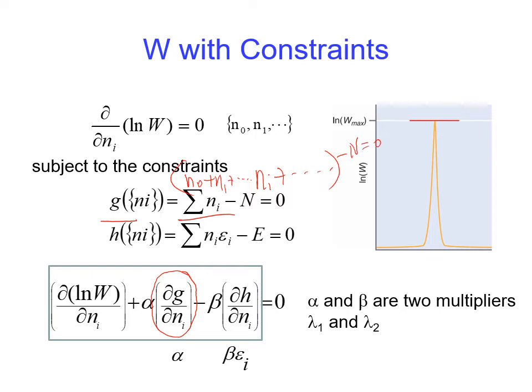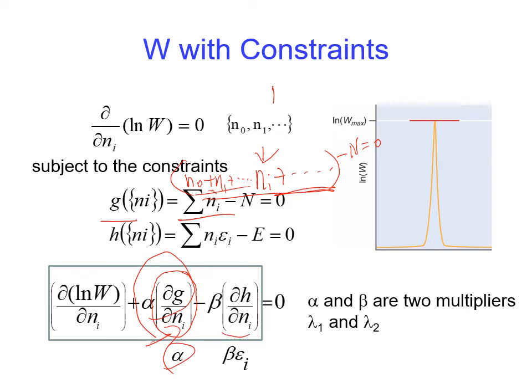So in the partial derivative over Ni, this is the variable and everything else is considered constant. The derivative of this function will only give you 1, the others are 0. And so that's why this whole thing becomes alpha.